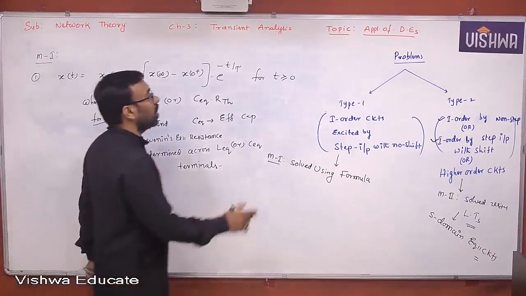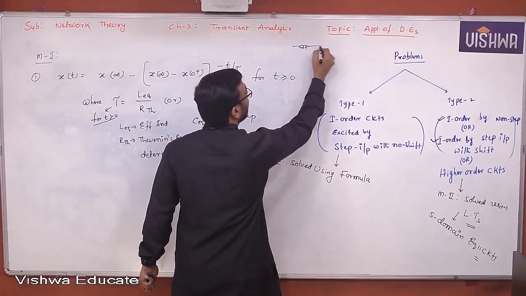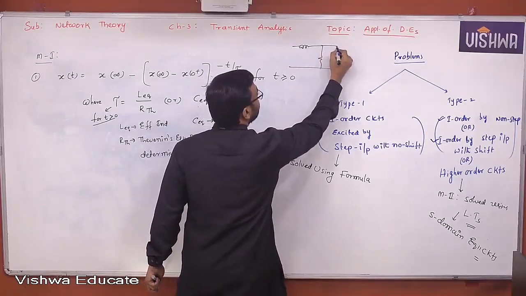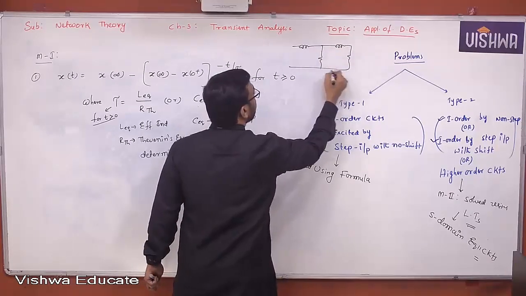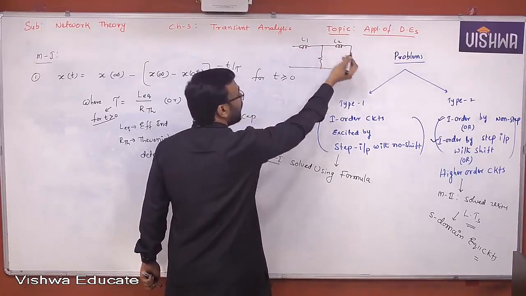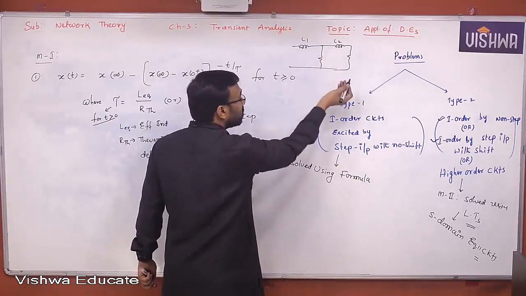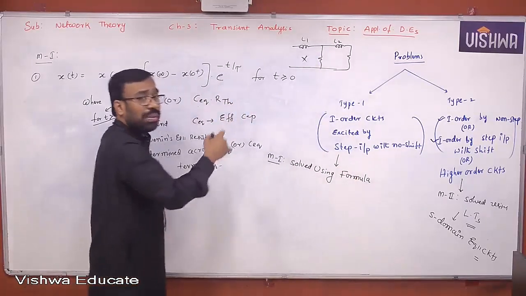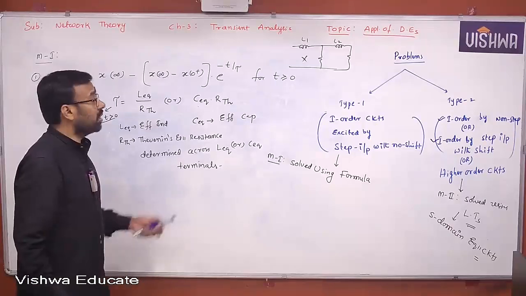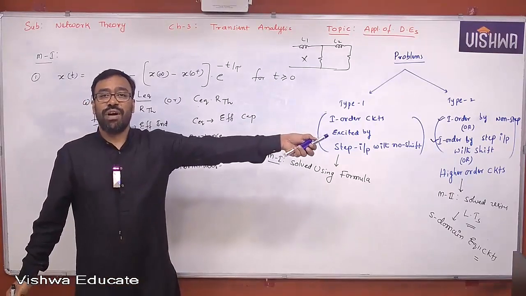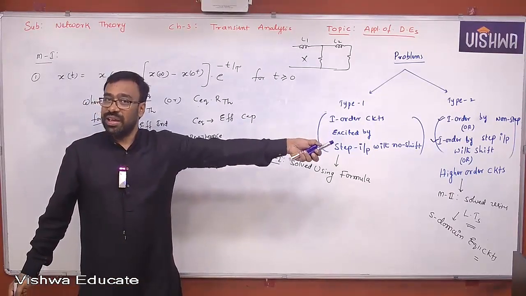I can take an example also like this. For example, you have L here and R here, some L here, let us say R here. This is L1 and L2. How do you find L equivalent here? They are neither series nor parallel. In such case, this method is not applicable. So how can I solve that? That will again fall under type 2 category only.